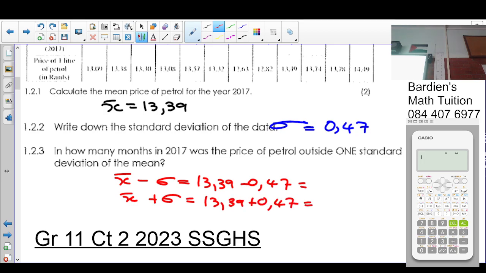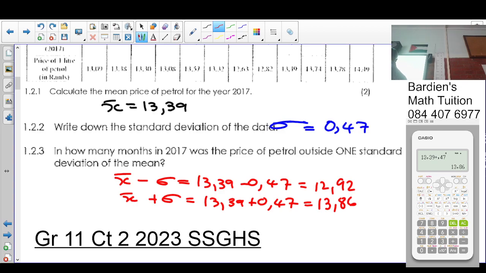So 13.39 minus 0.47 gives us 12.92. And then we go plus, gives me 13.86.